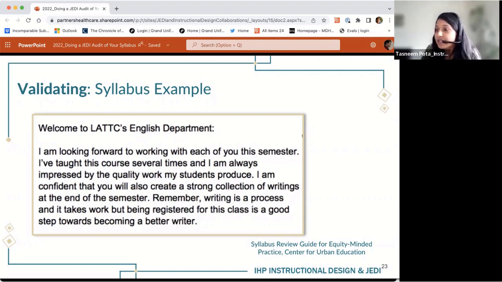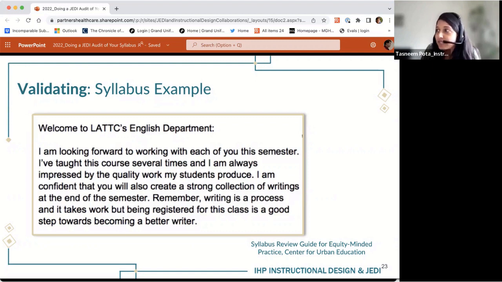So we're going to look at this text, and again, what are the ways that this language feels validating? And if you're a student and you read this, does it invite you in or make you feel more on the edge?